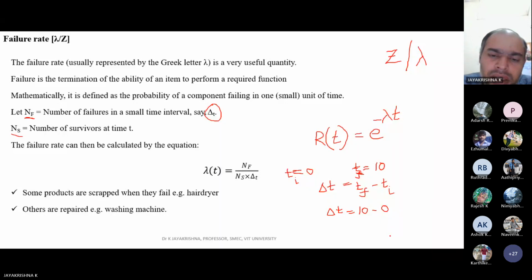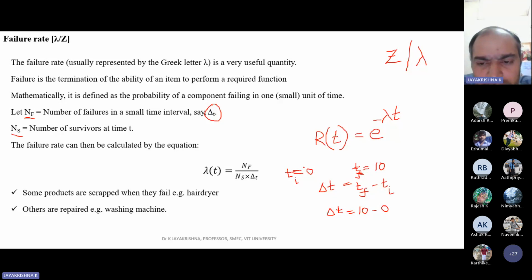Okay. Now I want to test my component for 20 hours. From 10 to 20 I have to calculate. I'm going to run one test from 0 to 10, the first 10 hours. Then from 10 to 20 I'm going to run another test.